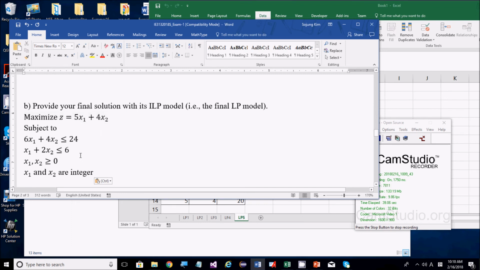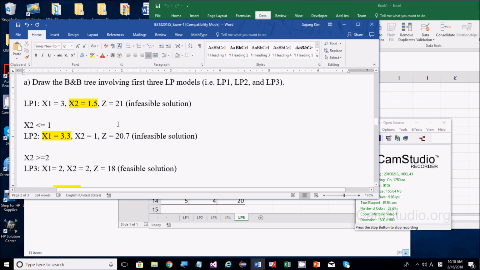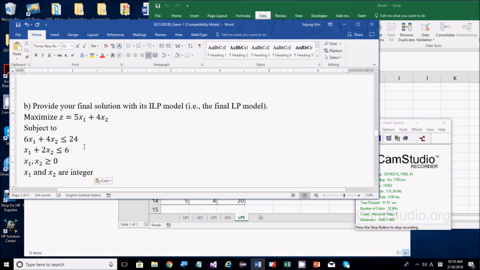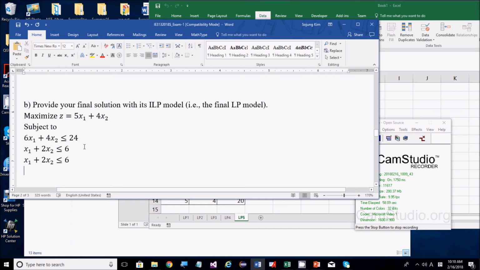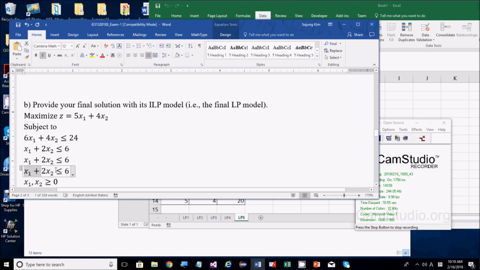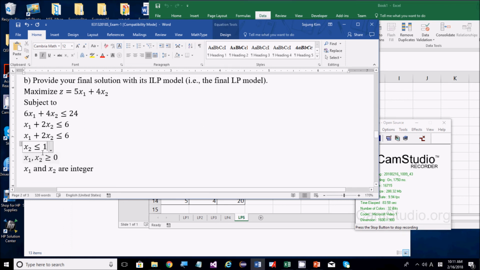Got it? However, this cannot be the answer, because based on your branch and bound tree, your optimum solution is given by the last one, so you should add 2 more constraints into your solution. x2 less than or equal to, oh sorry, 1, and x1 is greater than or equal to 4.